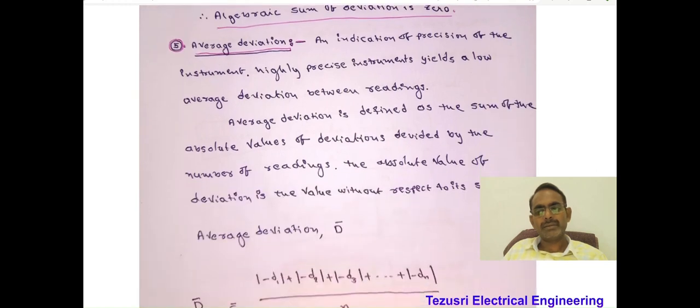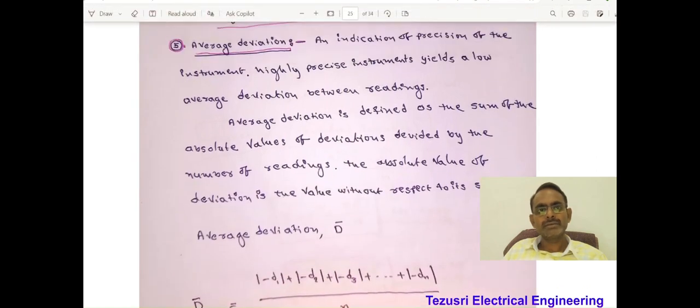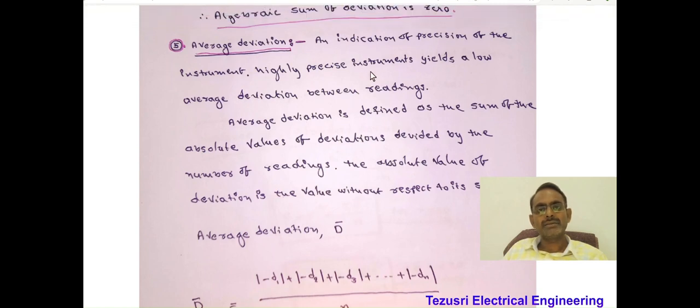Next, the important term, average deviation. An indication of precision of instrument. A highly precise instrument yields a low average deviation between readings. The average deviation is defined as the sum of the absolute values of deviations divided by the number of readings.